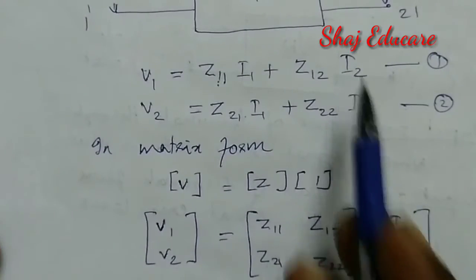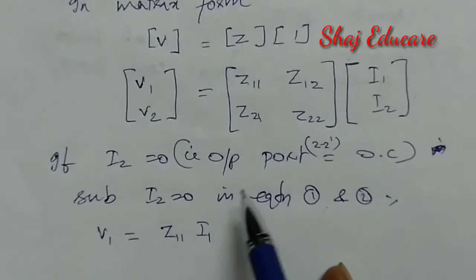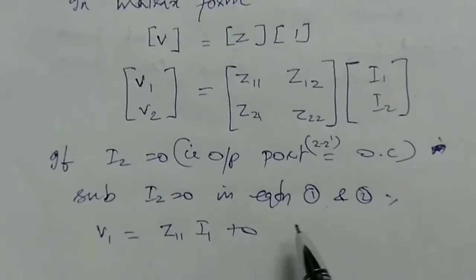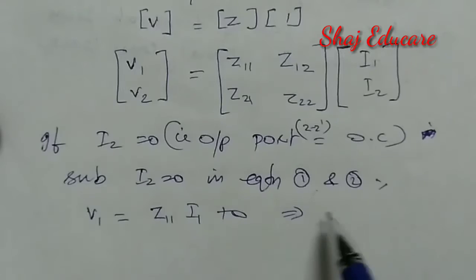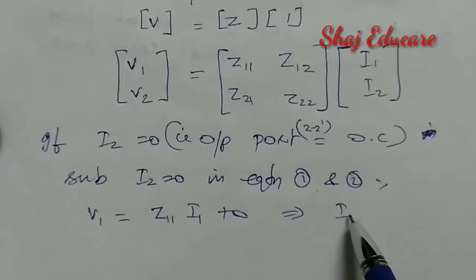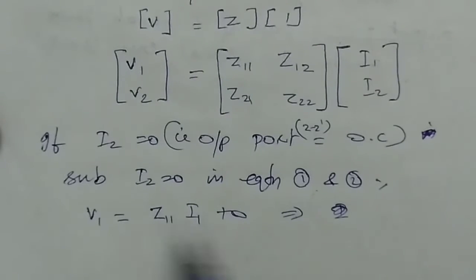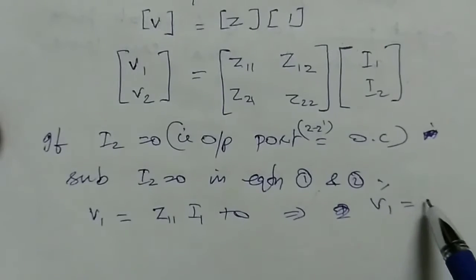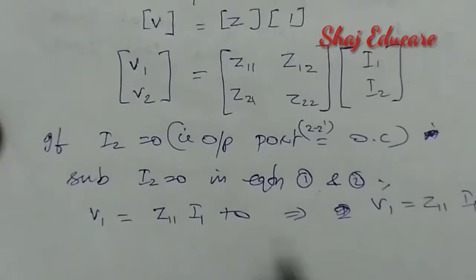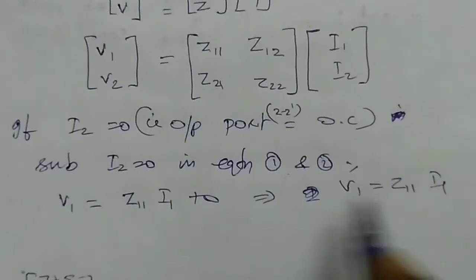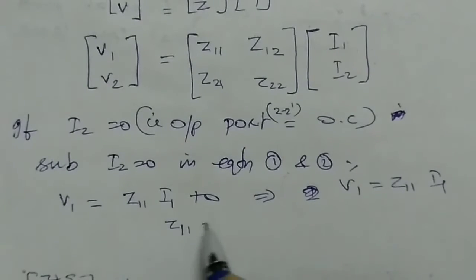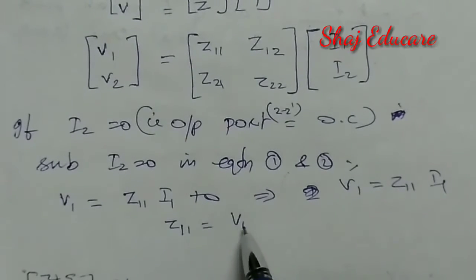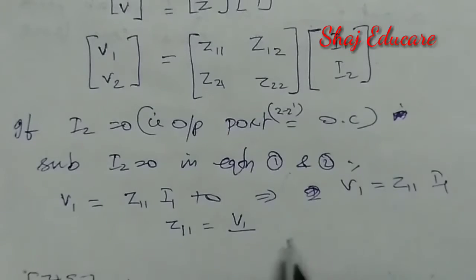What about I2? That is equal to 0, so this term will be 0. Here we have only Z11 I1. From this equation, the expression for Z11 is V1 divided by I1.